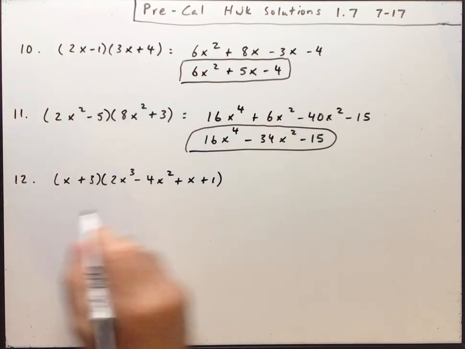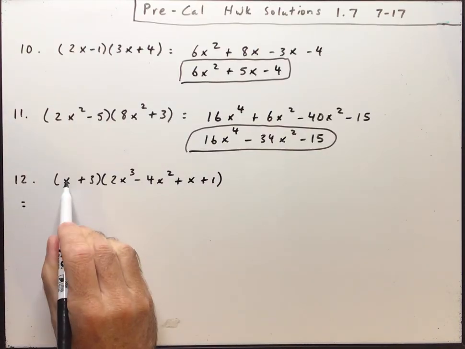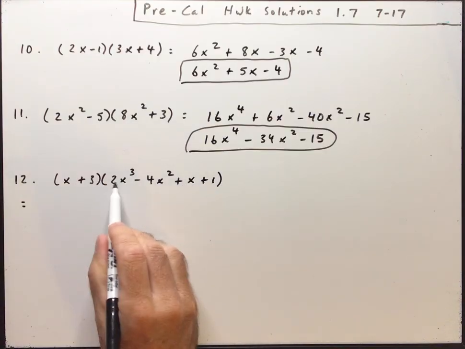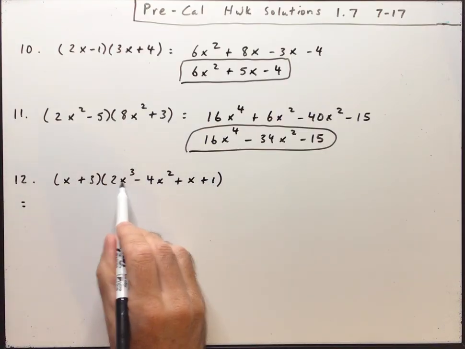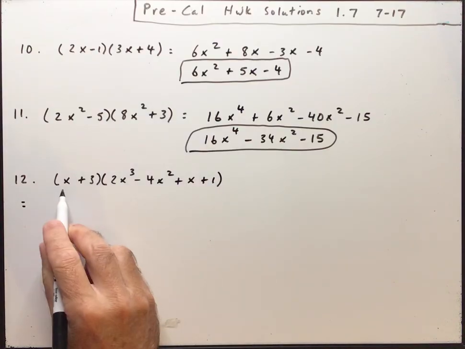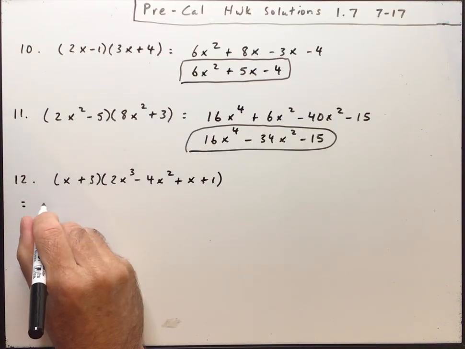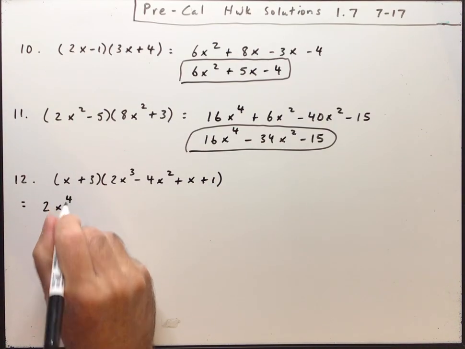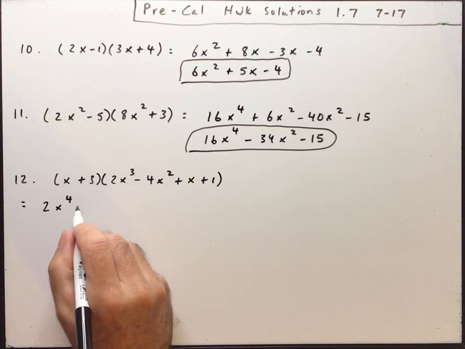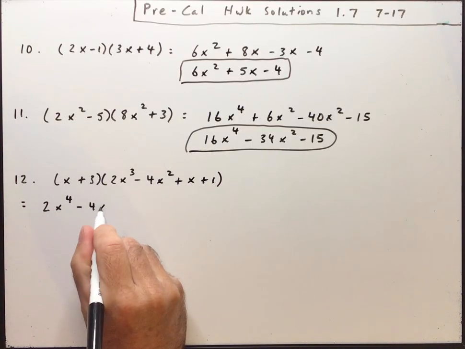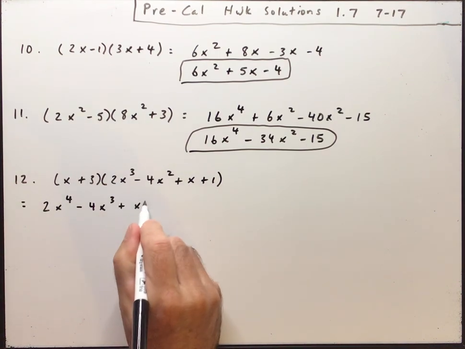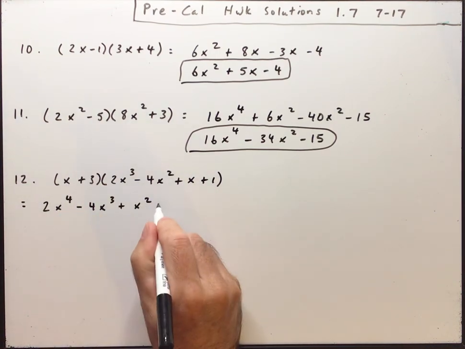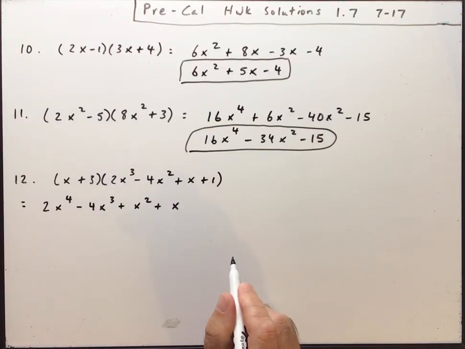So what I'm going to do here is multiply x times all 4 components, and then 3 times all 4 components, and then combine like terms. So x times 2x cubed would be 2x to the fourth. X times negative 4x squared would be minus 4x cubed. X times x would be plus x squared, and then x times 1 would be plus x.